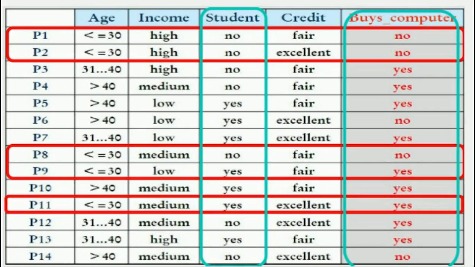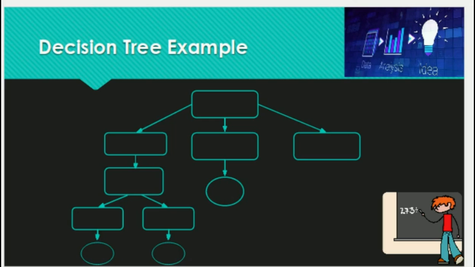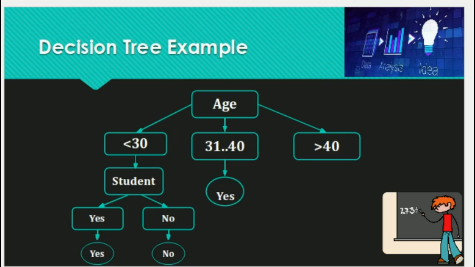We will carry out our test on records P1, P2, P8, P9 and P11, which can be further classified into 2 classes, that is yes and no, while only record number P13 has a single class, that is yes. Test on age less than 30, that is youth.